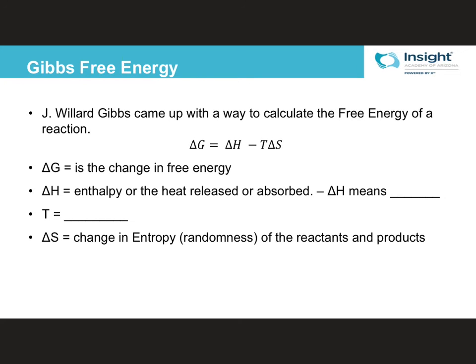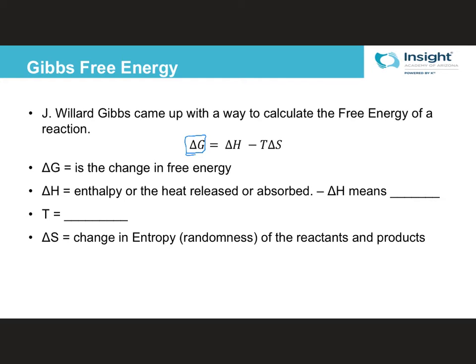The reasoning for that is Gibbs' calculation for free energy. Gibbs came up with how to calculate the free energy. So delta G is the change in free energy. We've seen delta H before. That's enthalpy, or the heat released or absorbed. So what does it mean when we have a negative delta H? Is that exo or endothermic?